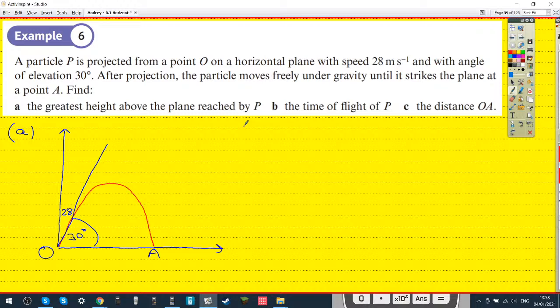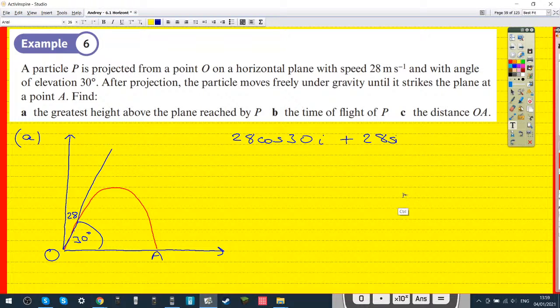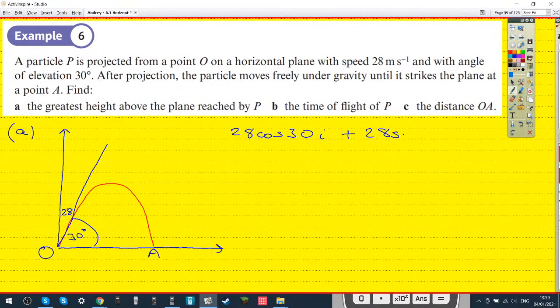So am I gonna do 28 cos 30 equals to... And is that the I or J? That's the I. Yeah. Plus 28 sine... X, I guess, or J. J. Yeah. Sine, and that would be Y. 28 sine 30 J. Calculator.